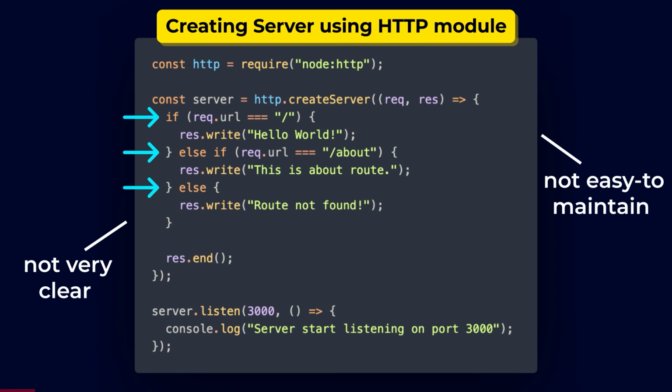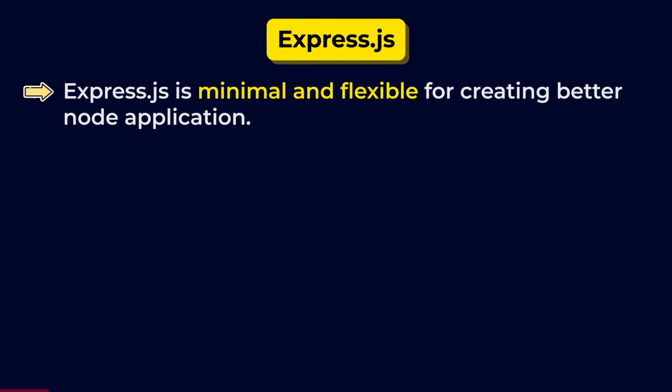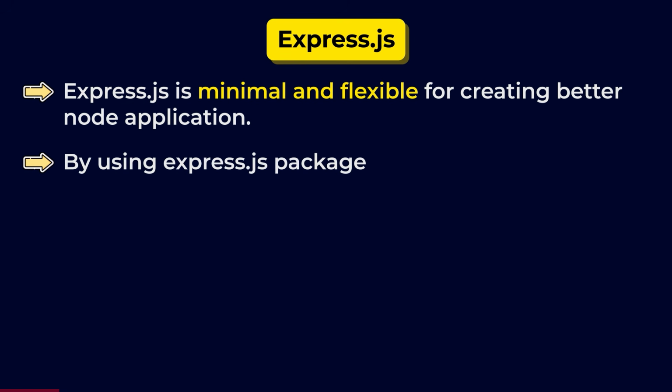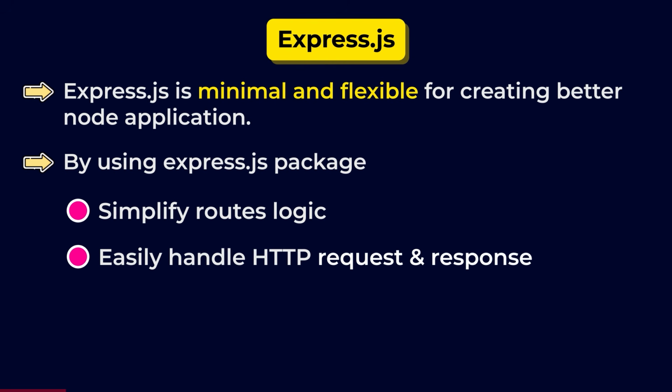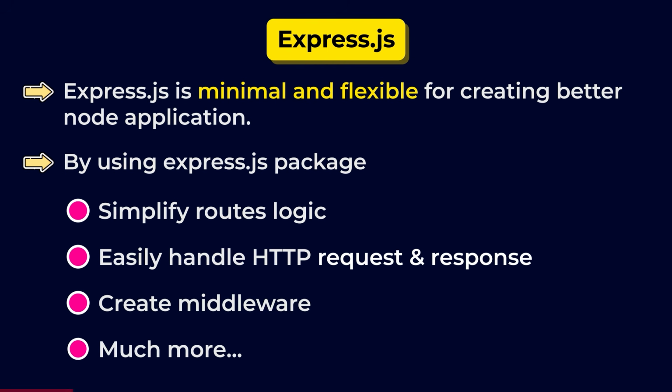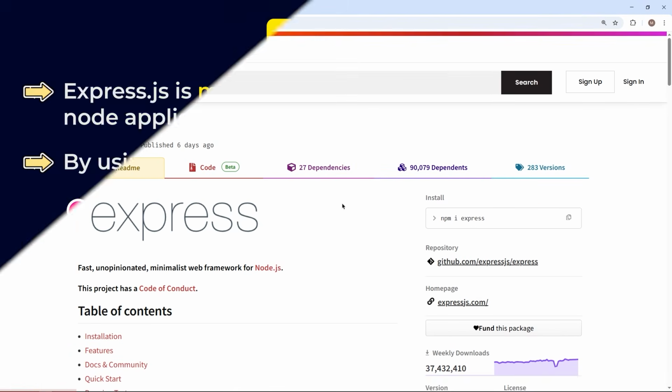So that's why we use a very popular package or module called express.js. Express.js is minimal and flexible for creating better Node applications. In simple words, by using express.js, we can simplify our routes, we can easily handle HTTP request and response, middlewares and much more. Let me show you something.